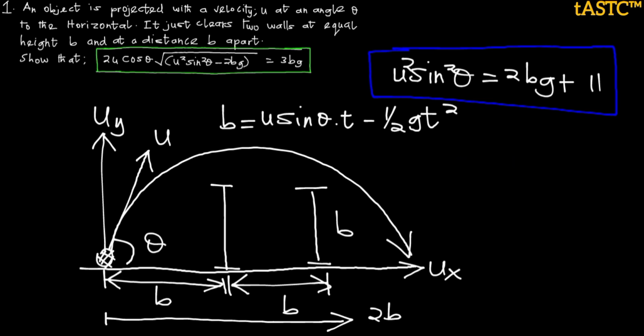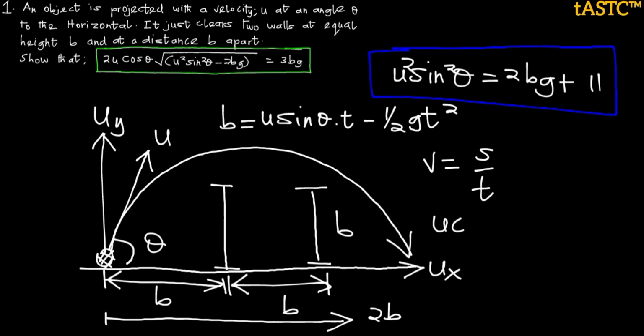Now let us go on to the horizontal displacement of this ball. We know that velocity generally must be equal to displacement divided by time. Now this velocity is going to be the initial velocity in the horizontal perspective. So that should be ux. Now we know ux is going to be u cos theta. So I'm going to rewrite it here.